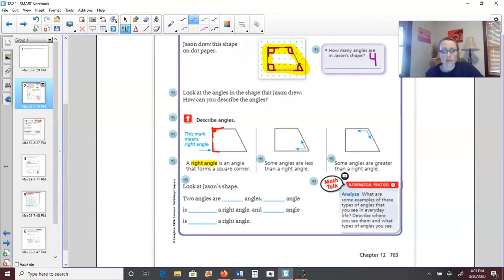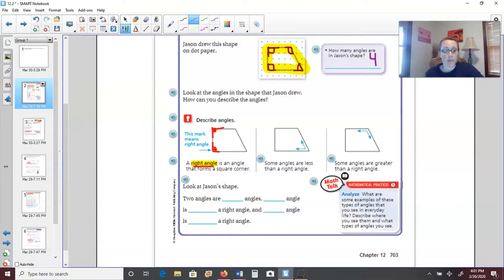That symbol, boys and girls, is a special symbol that tells us that this is a right angle. A right angle forms a square corner. It's perfect. It is just right. So anytime we have that perfect corner, that creates a right angle. So in Jason's shape, he has 2 right angles, 2 angles that are right.